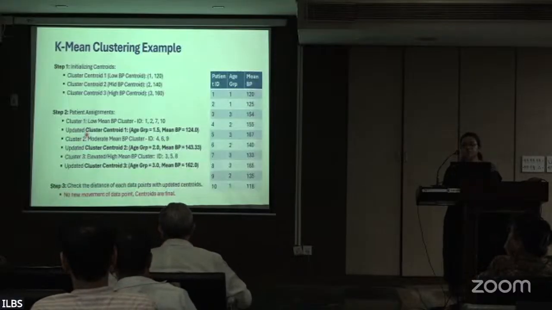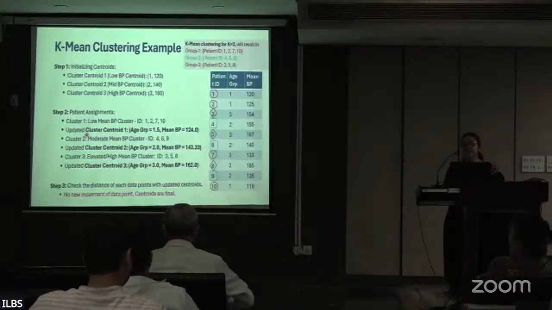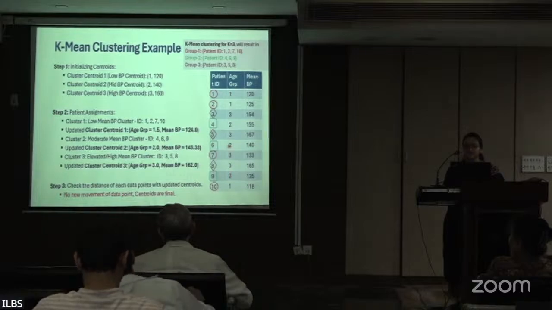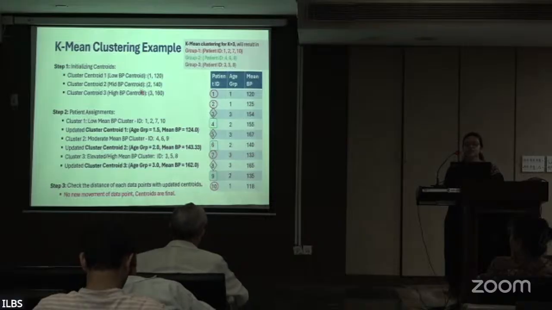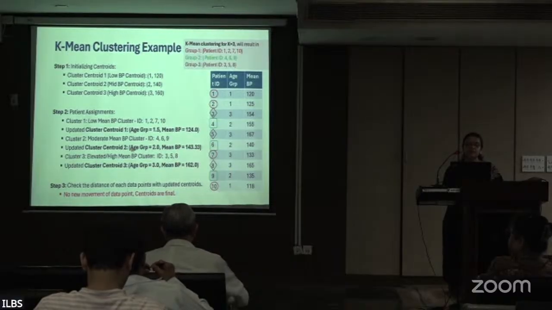So for the same example, if we do clustering, ultimately the result will be 3 groups. Here the age group is a total of 3 groups. It is a very simple example to understand. The centroid is intuitively taken with 3 clusters, and the data set will fall accordingly upon the calculation of this similarity, the Euclidean distance of the variables.